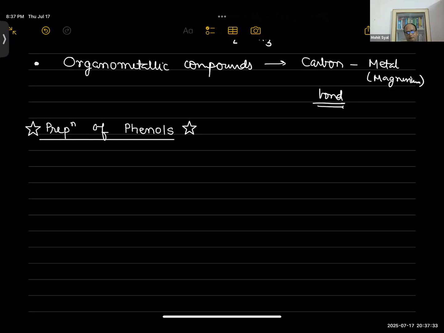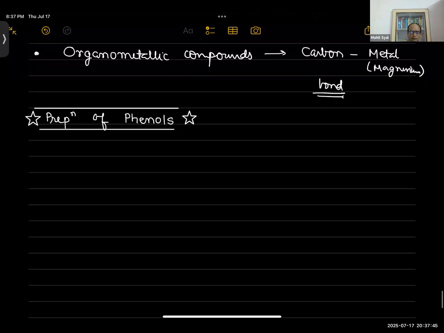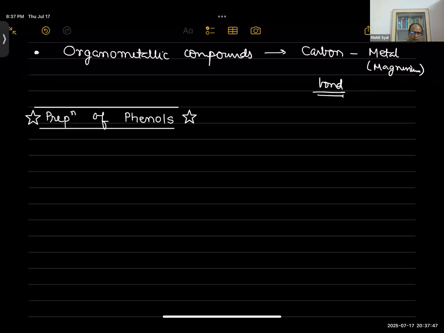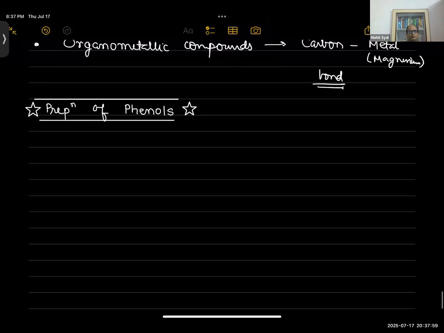Preparation of phenol. Any idea how to prepare phenol? Some methods we discussed as reactions, not as preparation, in the haloalkane and haloarene chapter. Ibrahim, do you remember any of the methods?